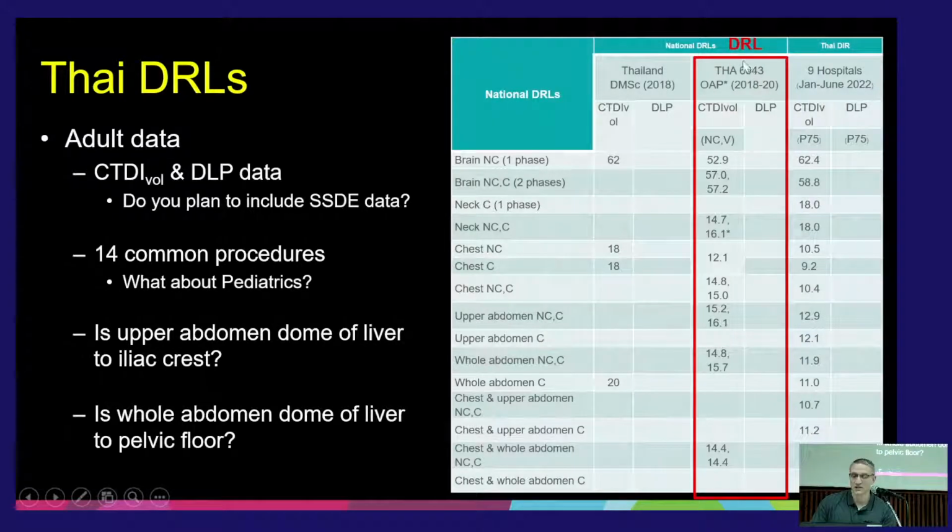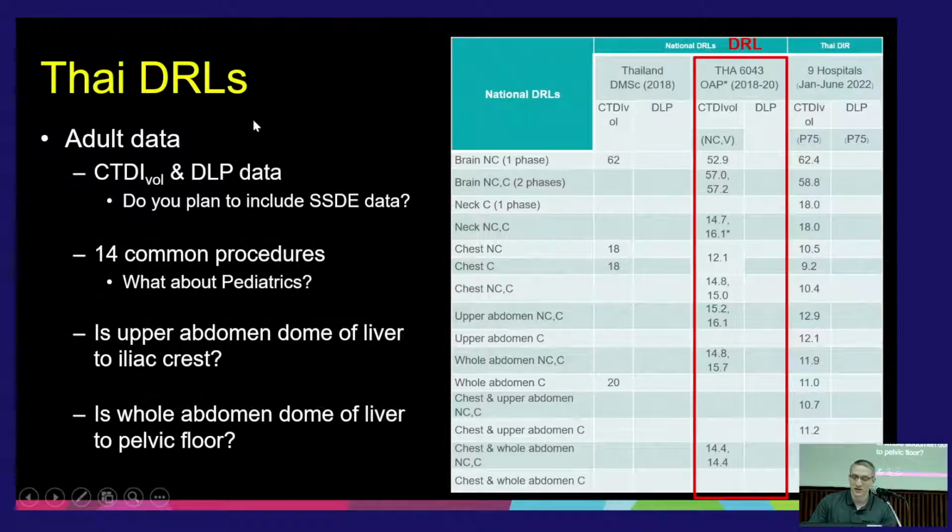So the DRL is the 75th percentile, and then we look at the 75th percentile of the data. These aren't DRLs on the right-hand side, but this is the 75th percentile of the data from the 9 hospitals. And you can see that some of the data is a little bit higher than the national DRL, and we're going to talk a little bit about what that means. The rest of the data tends to be lower.